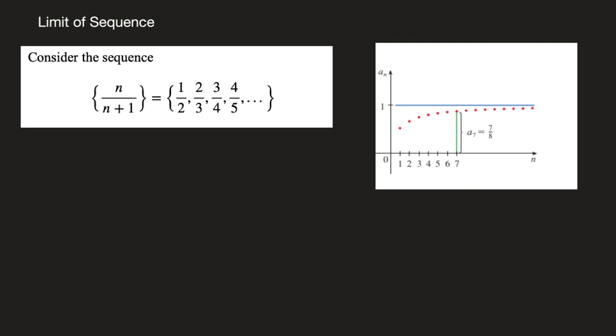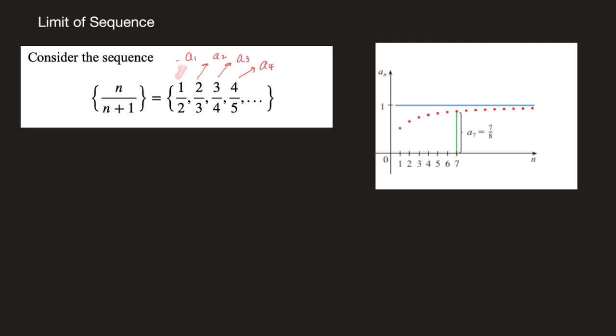So this is a sequence right here: n over n plus 1. This is the first term, A1. This is A2, the second term. This is A3. This is A4. Though we can figure out each term, we really want to know the behavior of this sequence.